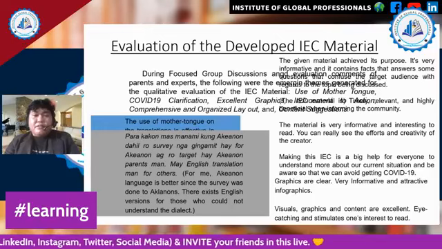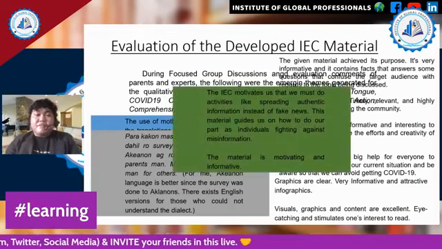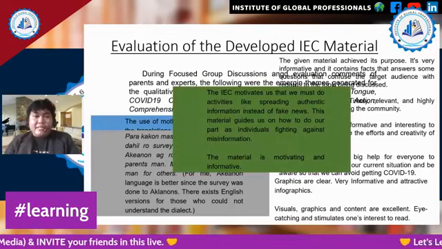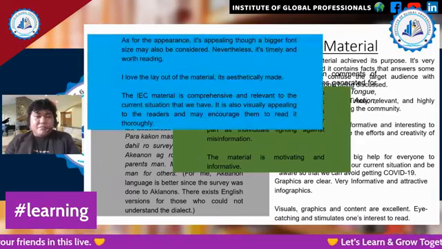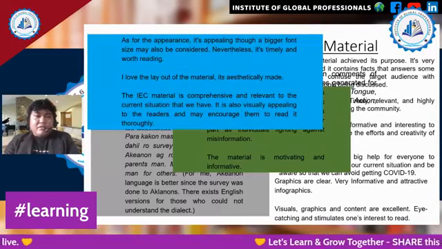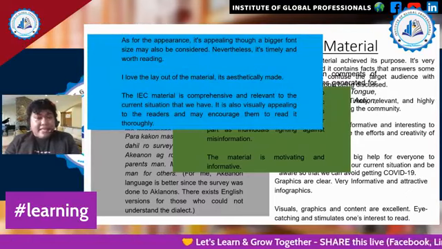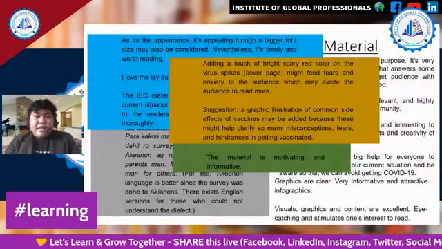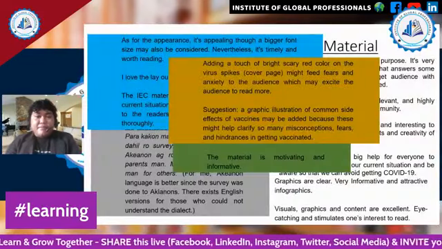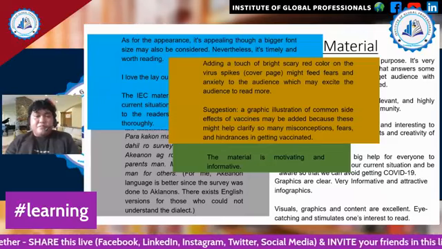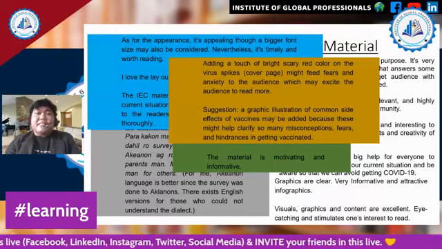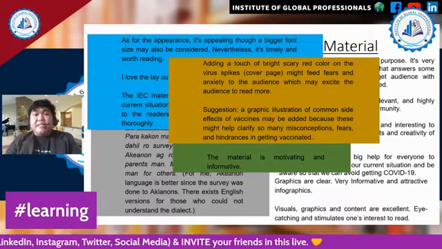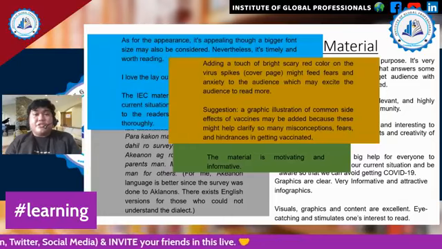Well, there's a lot of positive comments regarding the IEC material. They actually even mentioned the aesthetics of the material itself, and some provided some suggestions. Well, this is how we utilize the design thinking process in research.